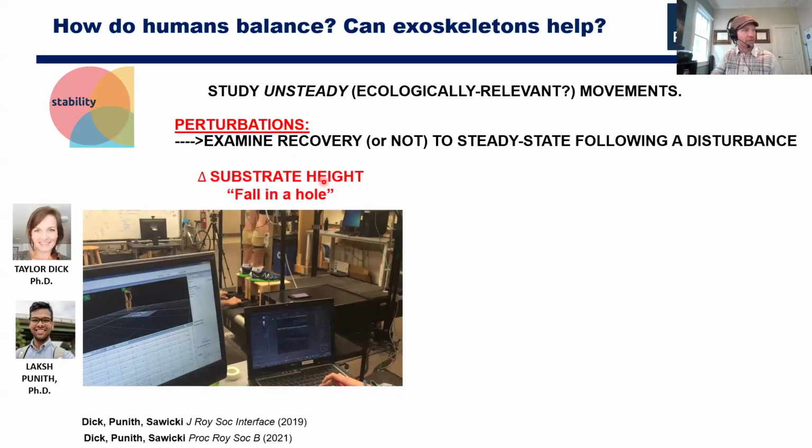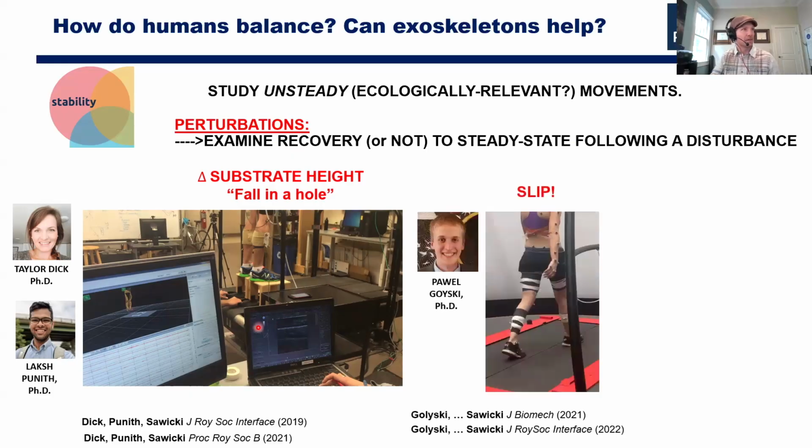And in our group, we've been trying to do this in a number of different ways. I don't have time to go through all of this stuff today, but if you're interested, you can check out some of the work by Taylor Dick when she was in my lab, where we just had people hop vertically and then change the substrate height on them and check to see how they're, in this case, we weren't looking at angular momentum, we were using mechanical energetics, which I'm going to argue could also be a nice way to think about balance and stability.